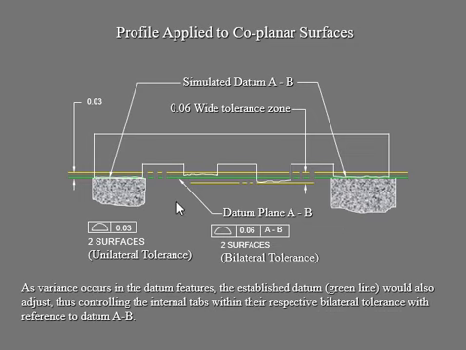Your two surfaces are right here on that plane, okay. So that's your bilateral tolerance, both sides. Unilateral is going to be 0.03 and bilateral is 0.06, okay. So if that's bilateral, it is from here to here, 0.06. This is unilateral, so you see only one line on this section and that section, that's 0.03.